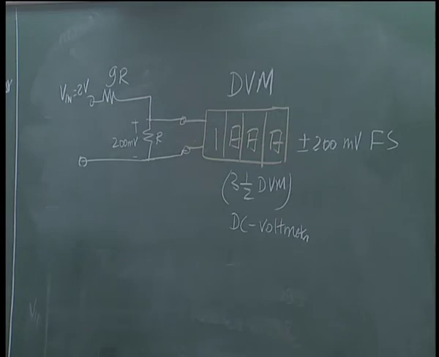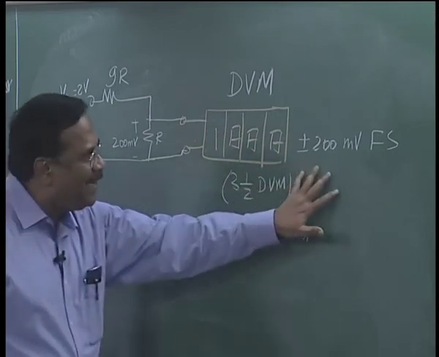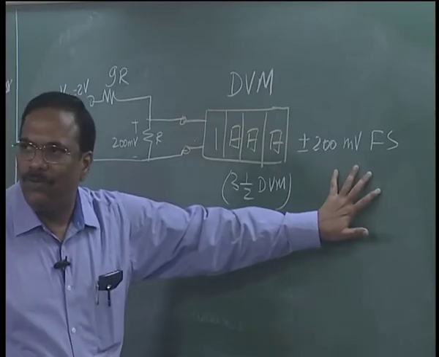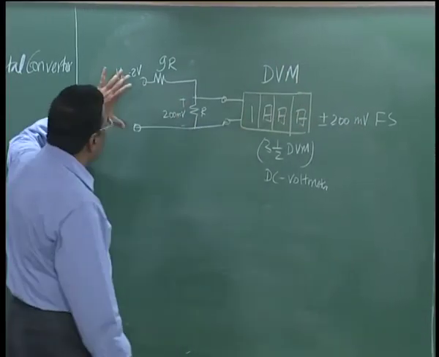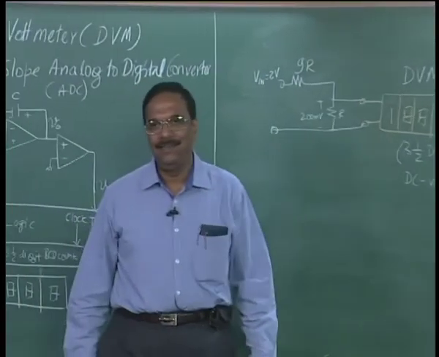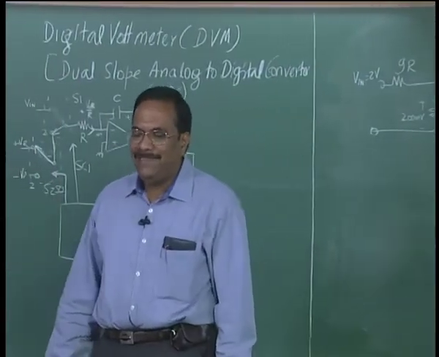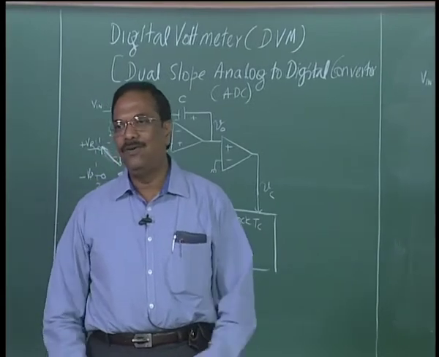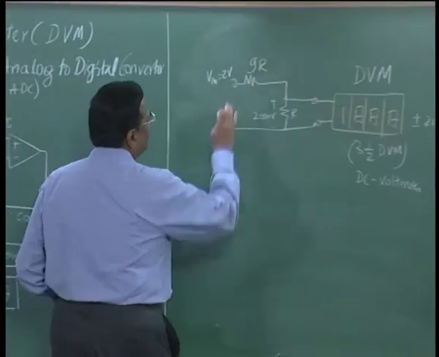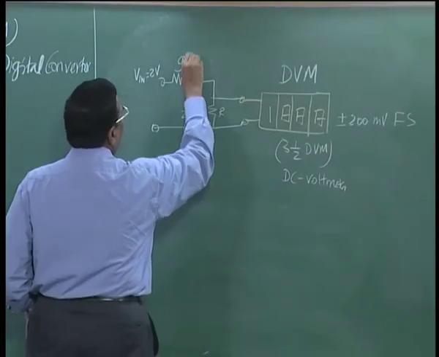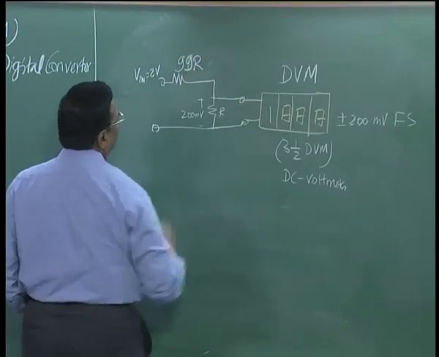So, by simply using a potential divider, I can convert the basic 200 millivolts full scale DC digital voltmeter into a 2 volts full scale DC digital voltmeter. Now, I can continue doing this, instead of 9R I can put 99R.